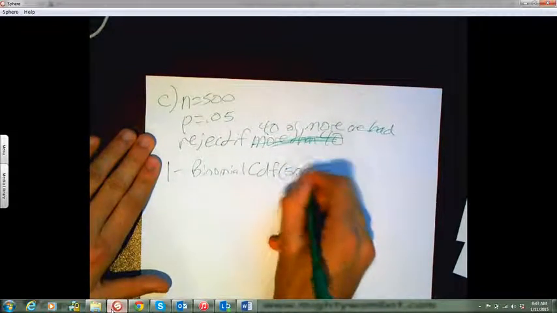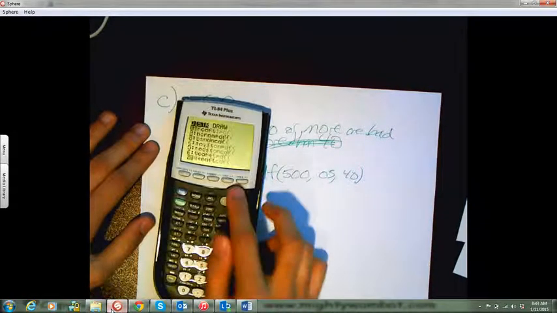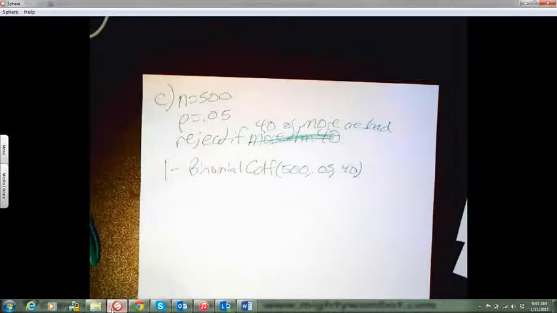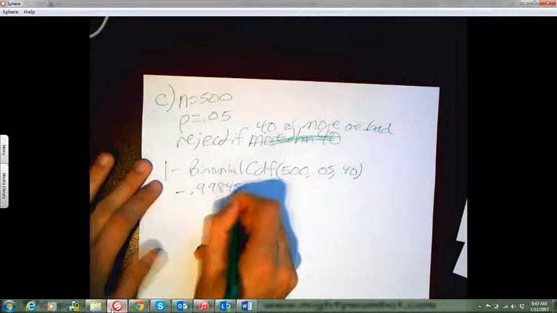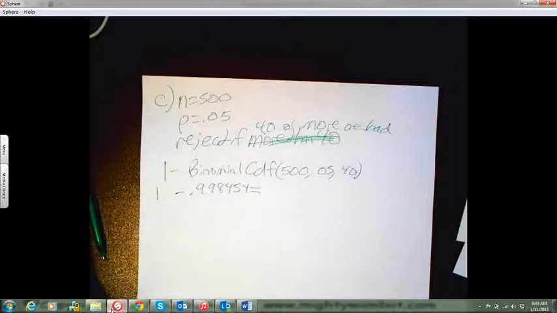So here we go. Second distributions, come here to binomial CDF 500, 0.05, 40, which gives 0.998454, and we want to do 1 minus that, which is 0.001546.